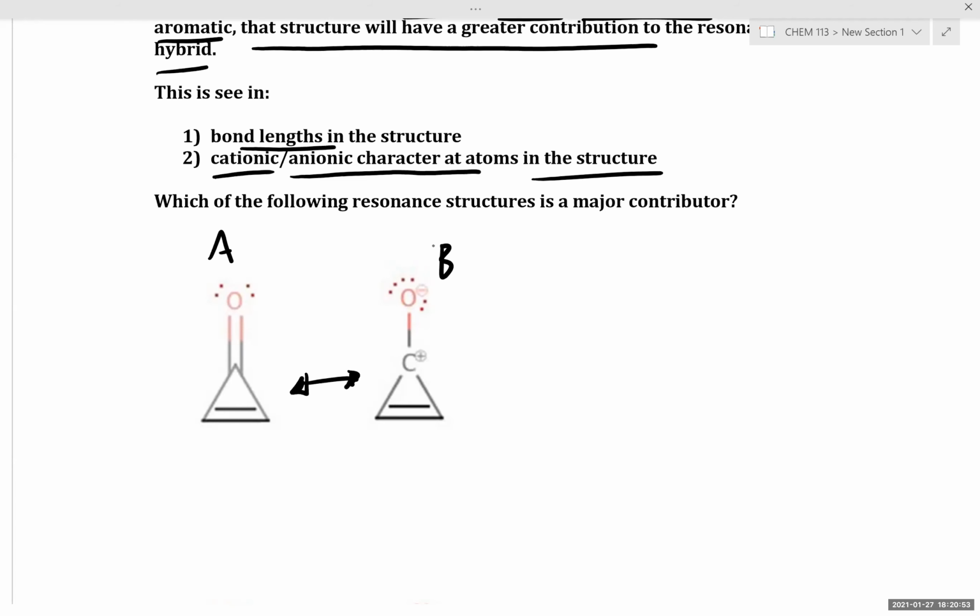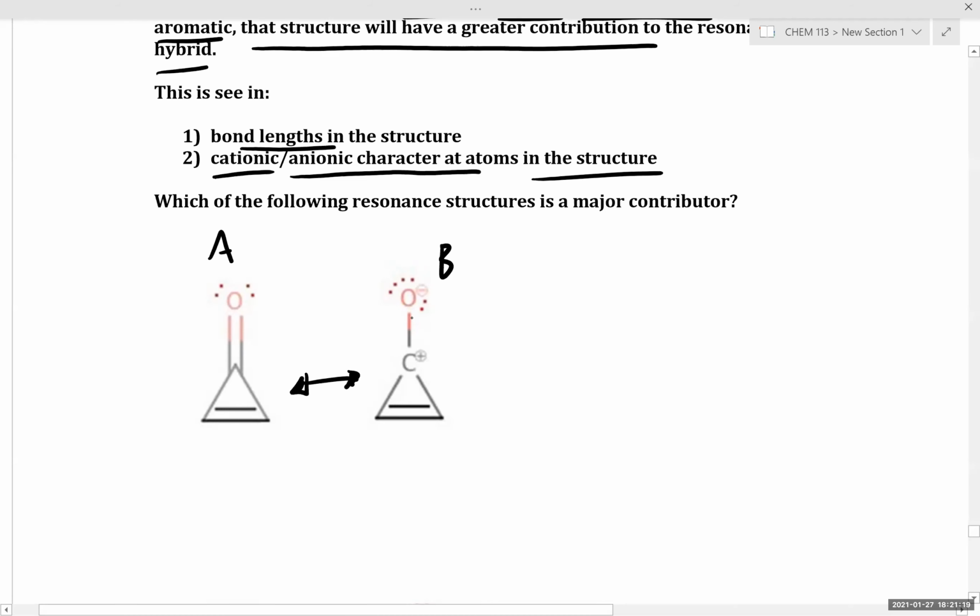Would it be A? So looking at A, the ketone pi electrons aren't considered as part of the ring. When we count for determining aromaticity or anti-aromaticity, we only count the electrons in pi systems that are directly conjugated in the ring.